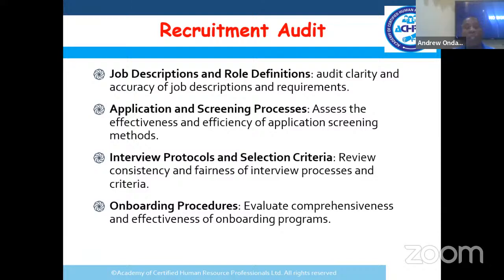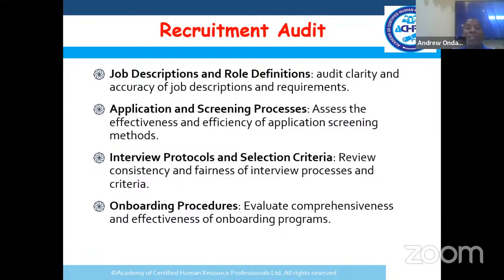So as HR auditors, we are going to evaluate the comprehensiveness and effectiveness of onboarding initiatives. Comprehensiveness means that they are very detailed and they capture all the key areas to ensure that the person settles in very quickly and starts working.